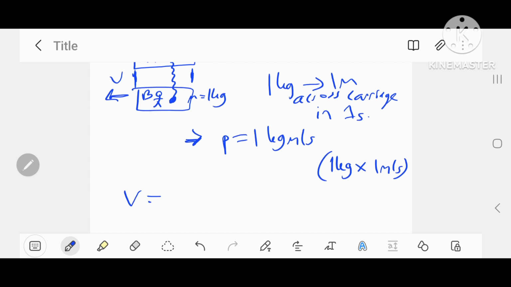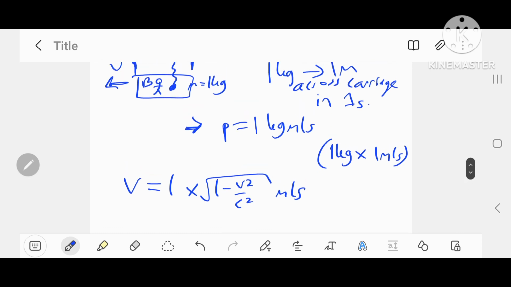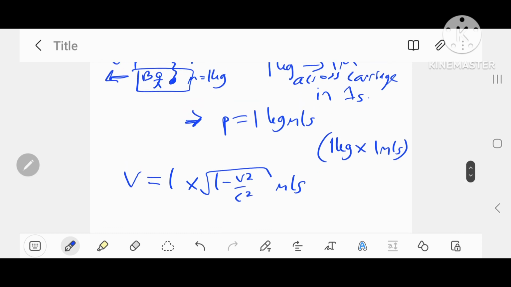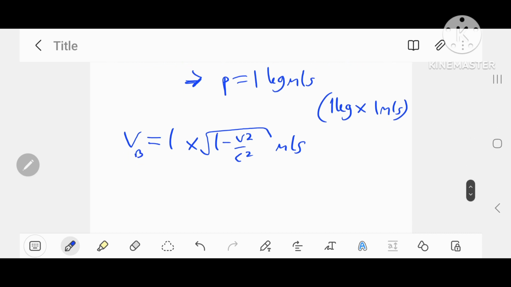Let me write this down mathematically. So the velocity measured by observer B isn't 1 meter per second, but smaller, because of the motion between the carriages.